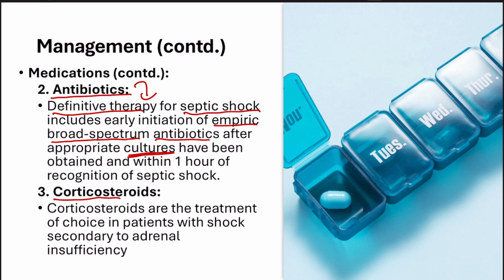Then we can use corticosteroids, which are the treatment of choice in patients with shock secondary to acute adrenal insufficiency. We are basically supplementing the corticosteroids from outside, which is lacking in adrenal insufficiency.